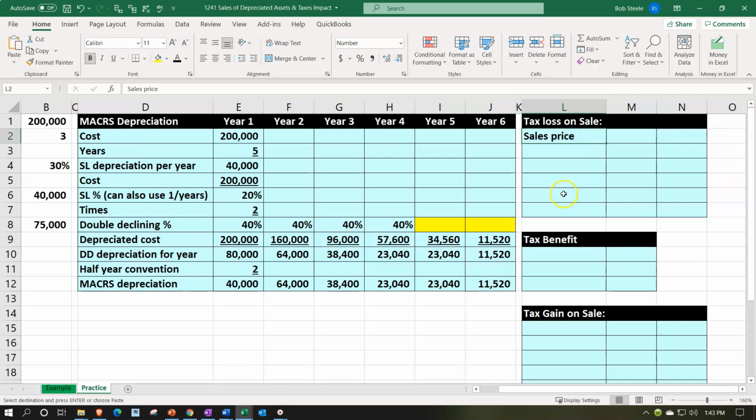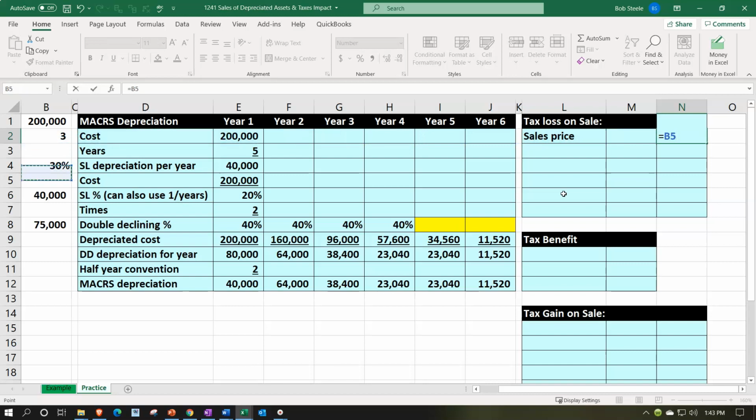And again, you might have this in the tax software, where they might have depreciation schedules to help you out once you actually make the sale. But if you're trying to project into the future, it becomes a little more difficult. So I'm going to say we sell it for $40,000.